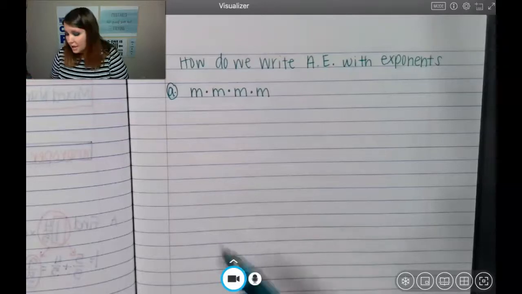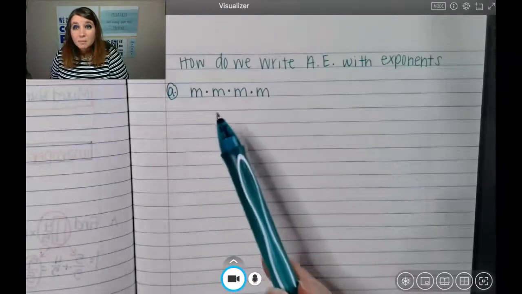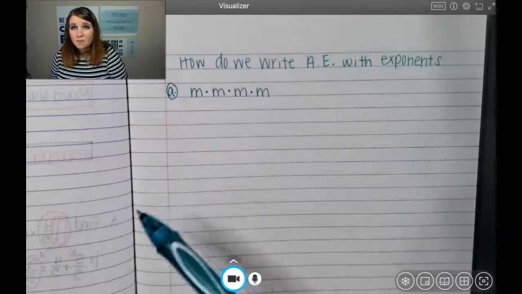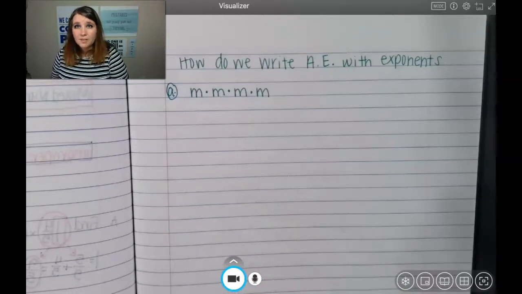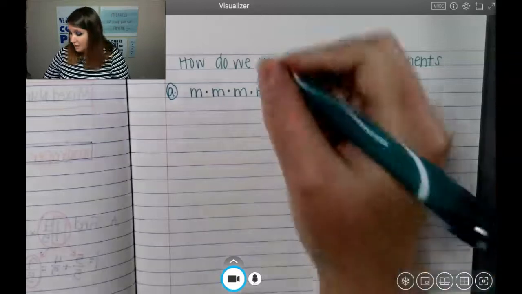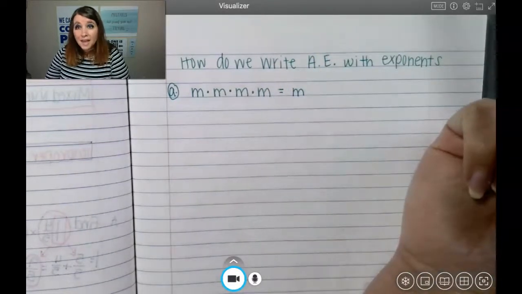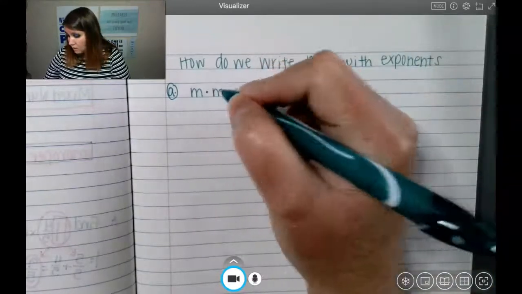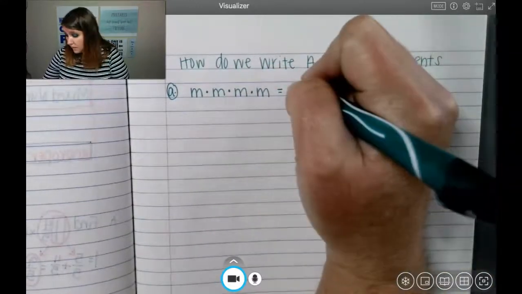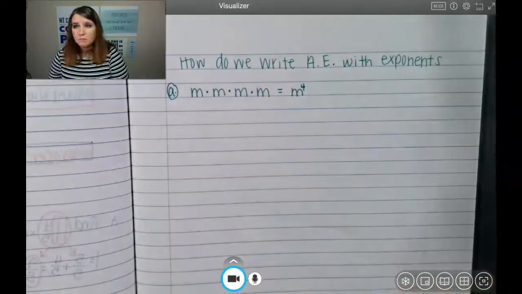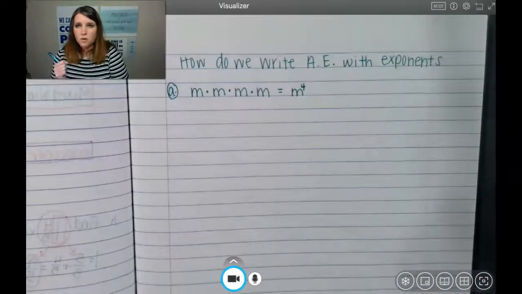It's crazy. Okay, so now instead of saying it's all about the 7, we would say it's all about the m, about the m, about the m, about the m. We would write the m, and then count 1, 2, 3, 4 m's, and put the 4 in its little backpack and carry the little 4 around.